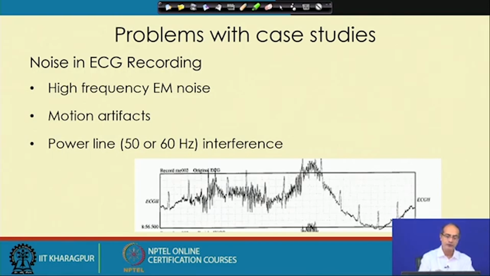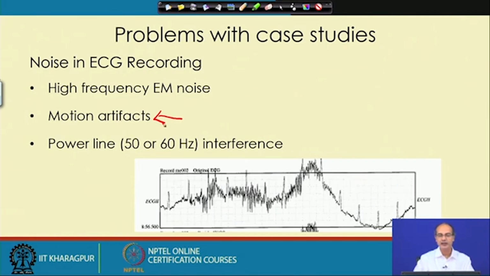The second kind of noise, that is motion artifact, is a special feature for the biomedical signal, whereas high frequency noise is there for any kind of recording, you can face that.